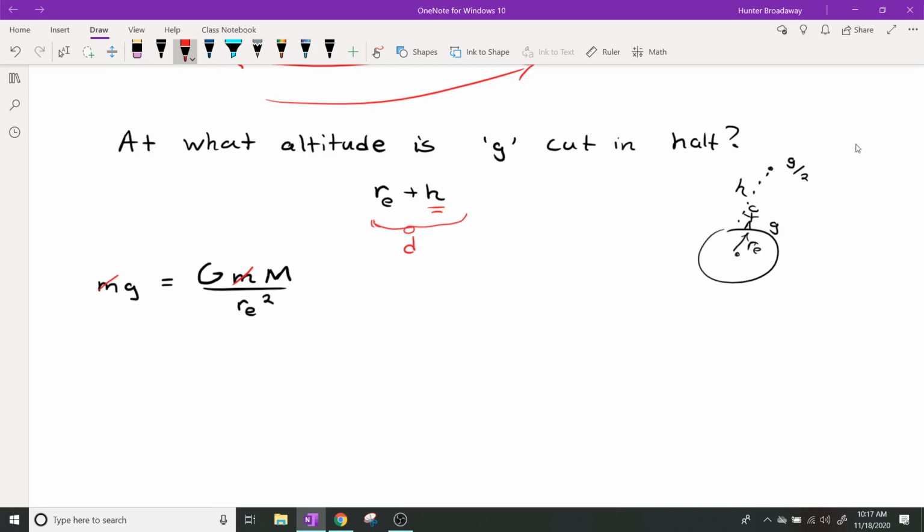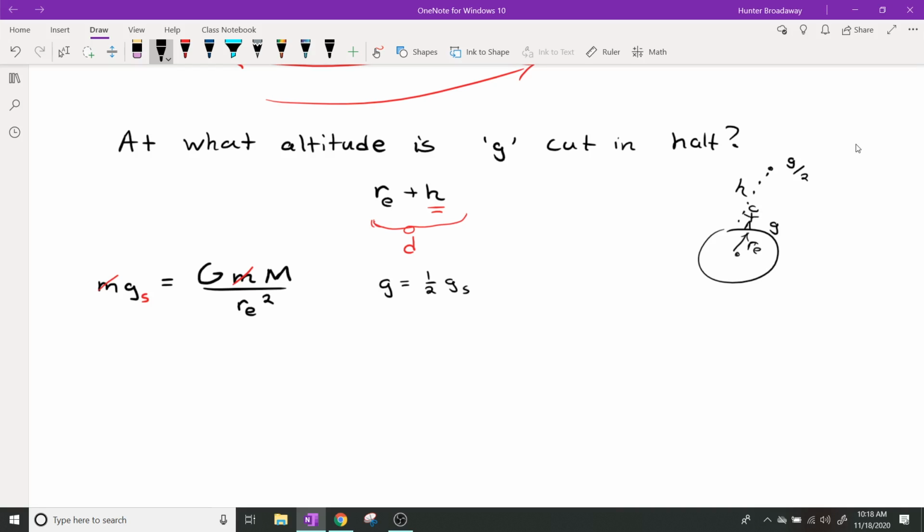If we're cutting that number in half, so if we're going to half of our surface gravity, why don't we call this the GS for the surface gravity? How's that? Okay. And we're going to say that the g we're looking for is really half of the surface gravity. So basically, if we cut this number in half, what does this do to our equation?